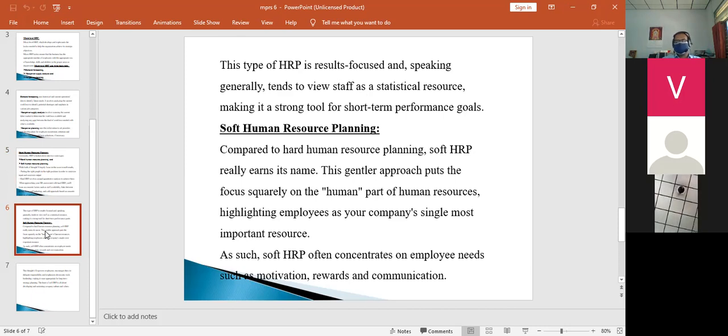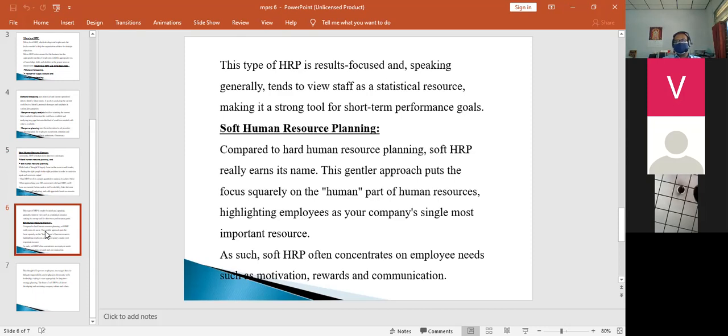It may be years. The goal that needs to be achieved within a year or within 2 years is considered a long-term performance goal, and the goal that needs to be achieved within a short span, within months or weeks or days, a couple of months, a couple of weeks, or a couple of days, is considered short-term performance. Depending upon the goal assigned to an employee, he needs to be motivated.